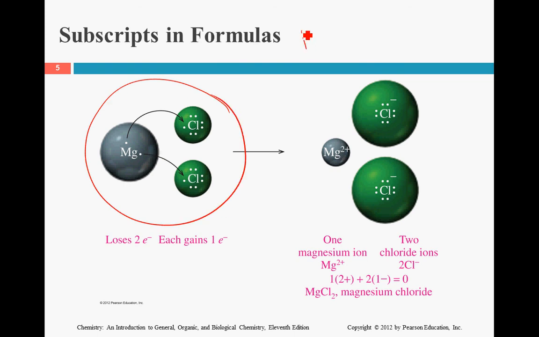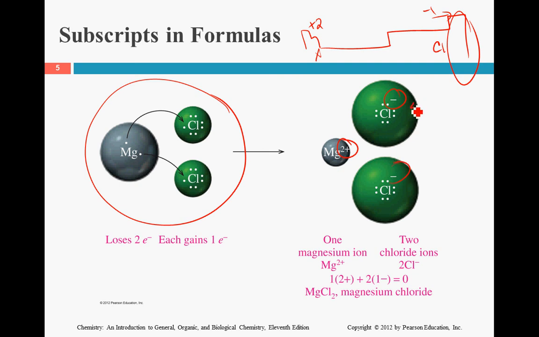So for instance here, Mg, if we look on the periodic table, is right here. It has to lose 2 electrons to be like a noble gas. It's in the second column. That's how it got its +2 right there. Chlorine is right here. It had to gain 1 electron, so that makes it a -1. It's in the second to last column, and that's why it has that charge.